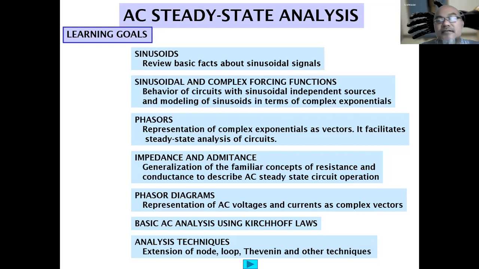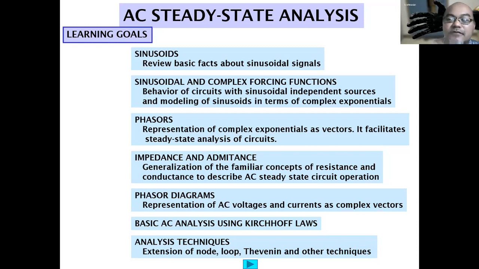Then in the chapter after that, you learned about transient analysis. Transient analysis deals with attaching a constant voltage or current source to an energy storing element, and then determining how the electrical parameters change within that element as a function of time.